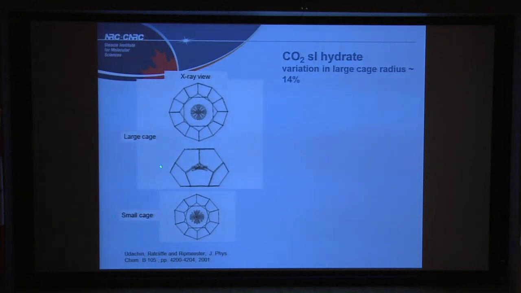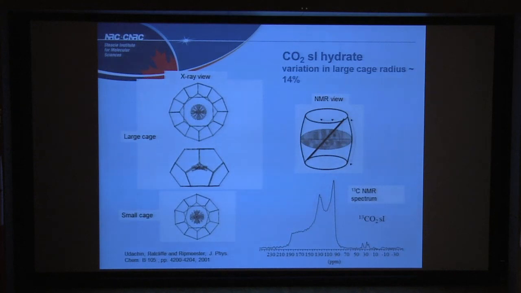And you can see now that this cage really doesn't look very spherical, and the guest molecule knows it. It stays near the plane. In the small cage, which on the other hand is more or less spherical, you can see that from any direction, the distribution of the guest would look like this. So to assume a spherical cage for the small cage in structure 1 is fine, but for the large cage it is not.